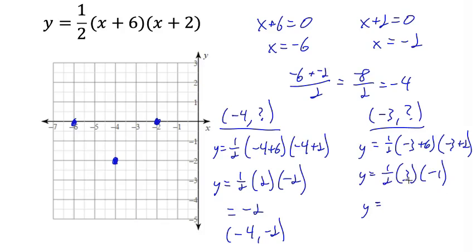Let's see, 1/2 of 3 is 1.5. Then we have 1.5 times -1. So our point will have the coordinates -3, -1.5. Or not the vertex, pardon me, that last point we're calculating.